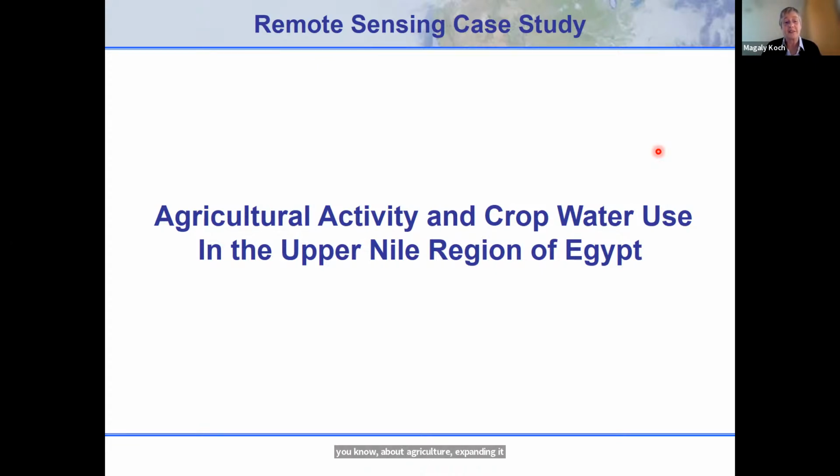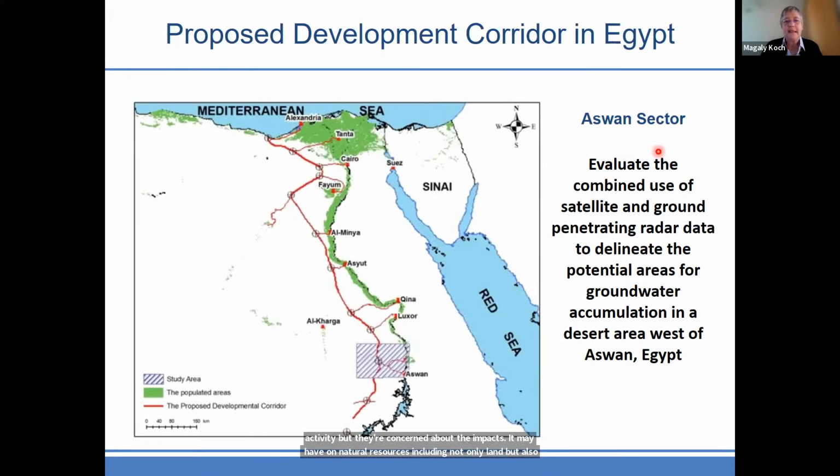They want to expand the agriculture activity, but they're concerned about the impacts it may have on natural resources, including not only land but also water. And Egypt is, as you know, located in a desert environment, and so that means that water resources are very, very scarce, and they have to be very careful in the way they use water.